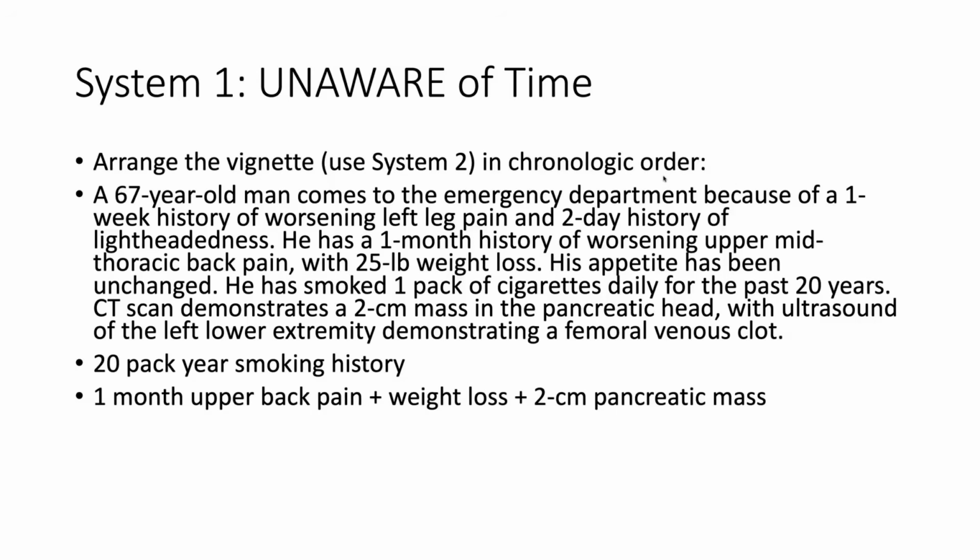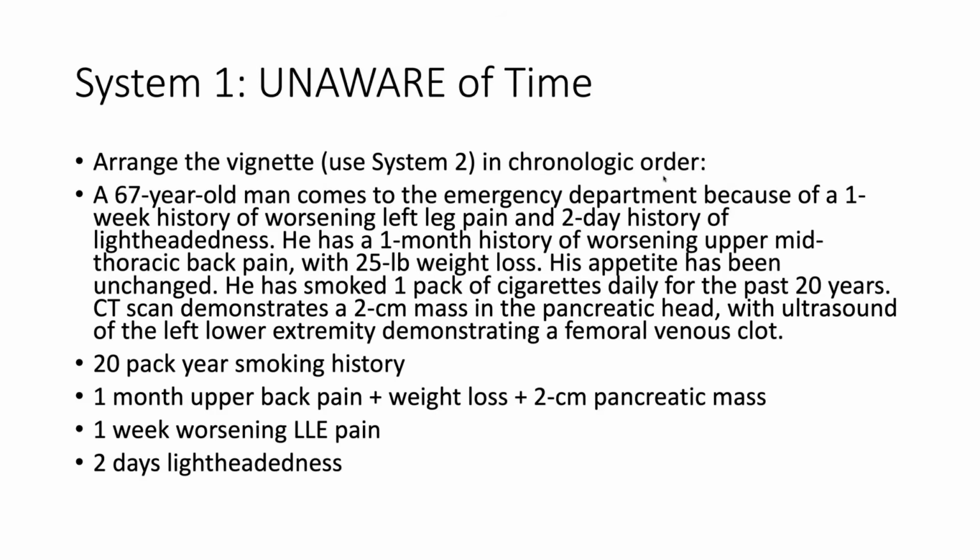It's a 67-year-old man who starts smoking, develops pancreatic cancer, which led him to develop clots. He has a DVT, and then he developed a PE. The leg pain is because of the DVT, and then the DVT progressed to a PE, pulmonary embolism, that gave him the lightheadedness. Perfect. That was fantastic.